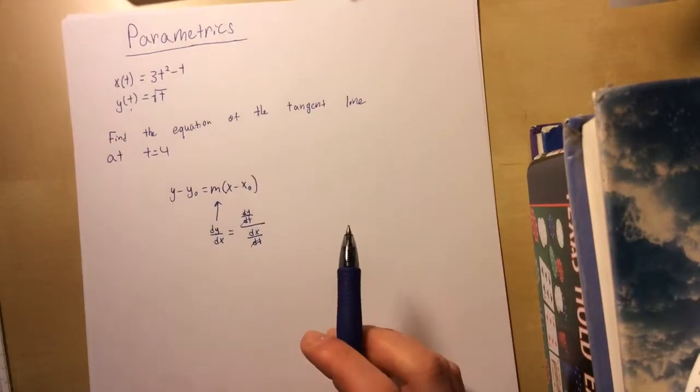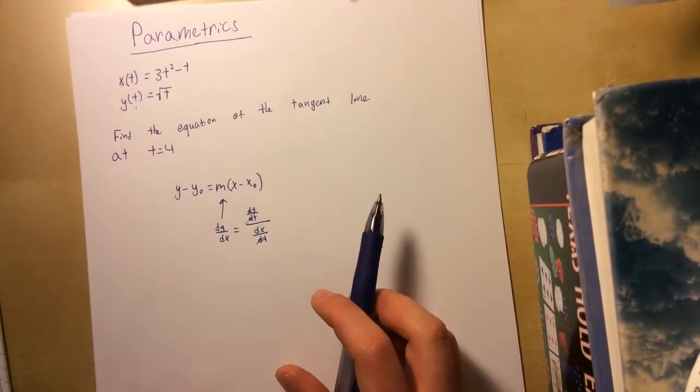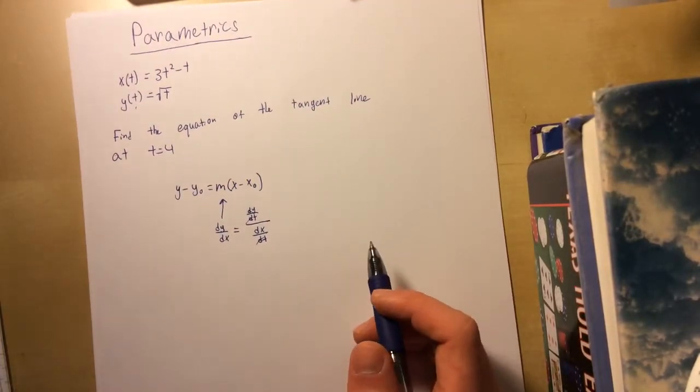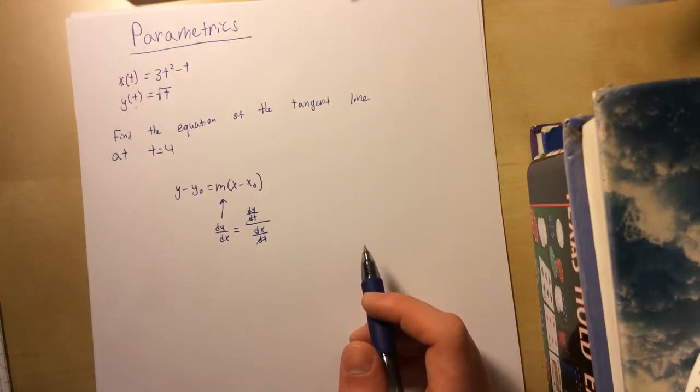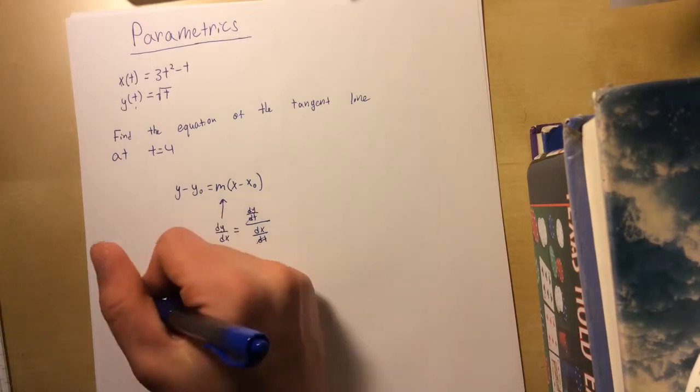So let's just work through this problem. These really aren't that difficult. It's a lot of plugging in. So let's first of all solve for x naught and y naught.